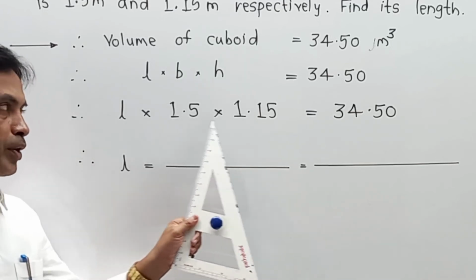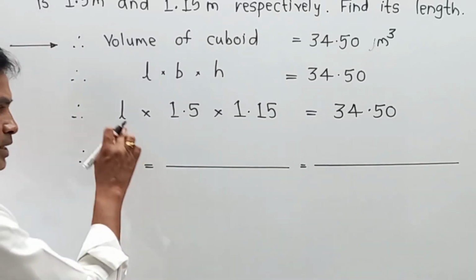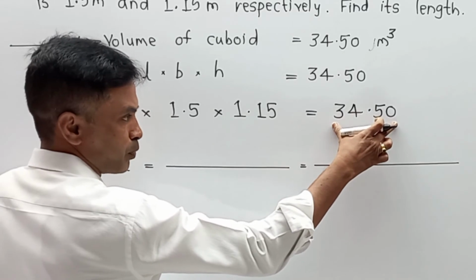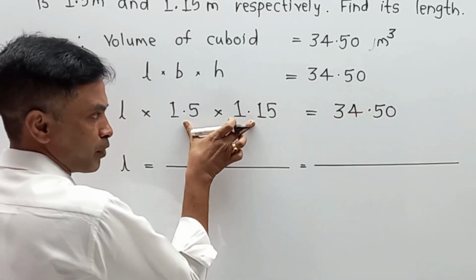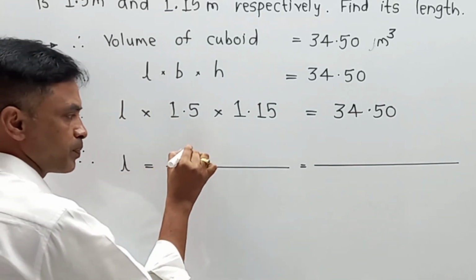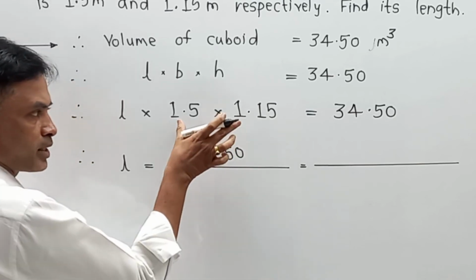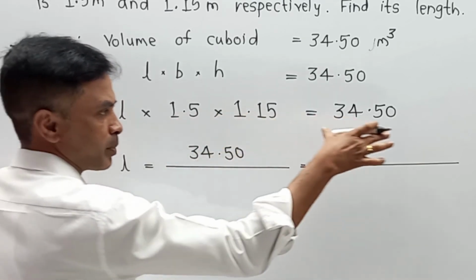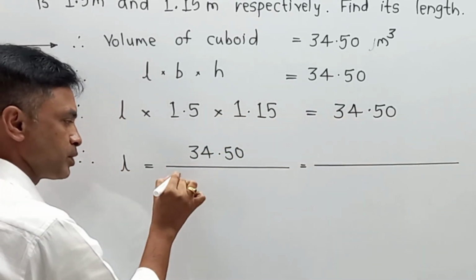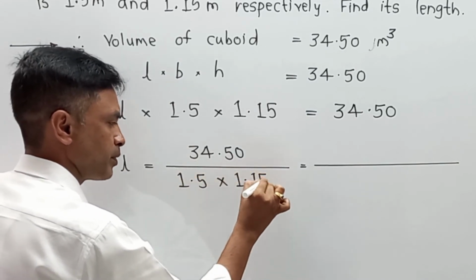Now L into 1.5 into 1.15 is equal to 34.50. Naturally L is equal to 34.50 divided by 1.5 into 1.15, which goes downstairs. So L is equal to 34.50 divided by 1.5 into 1.15.